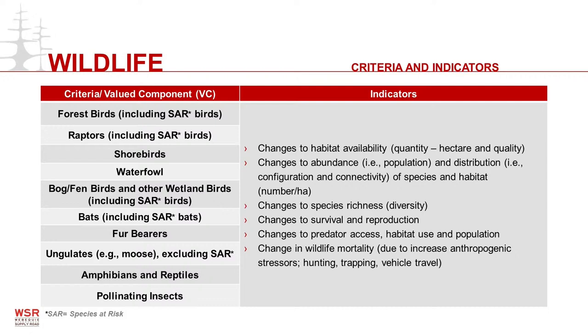So, for example, if you're talking about birds, certain species like heavily forested areas, but if those areas get fragmented or separated through development, for example, that can impact the quality of that habitat for a particular species. It just depends on the species. And then you have things like changes to species richness. When we talk about species richness, we talk about diversity, number of species.